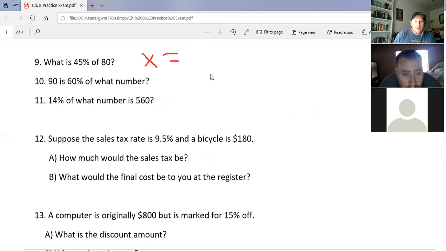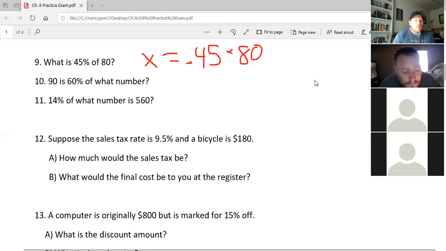My what is the thing I don't know, is equal, so x equals 45% is 0.45. Of means to multiply, 80. So 0.45 times 80 gets me 36.